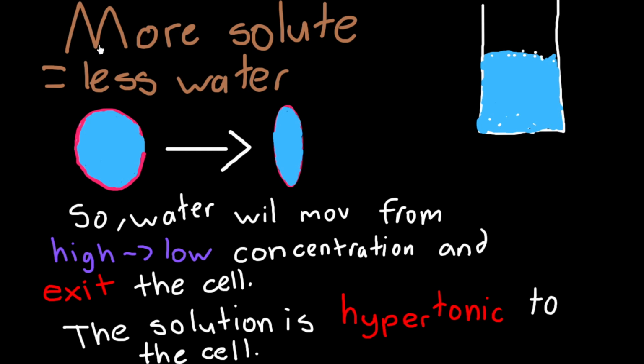And like I just said, more solute equals less water, which means that water will now flow from high to low concentration. It will flow from more water to less water, and it will exit the cell. And here we can see the cell shriveling up a bit, and we'll get into that a little bit later. But in this definition, the solution is hypertonic to the cell. The cell is losing water because it is placed into the solution.